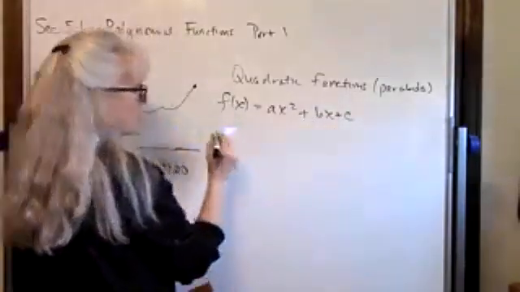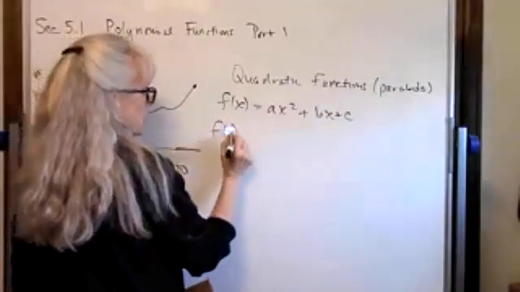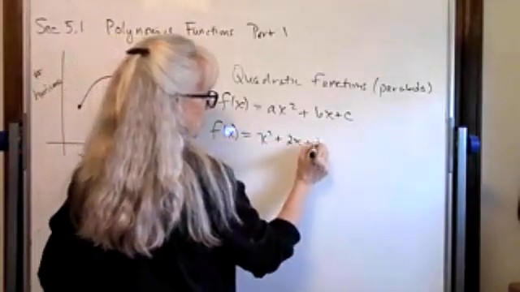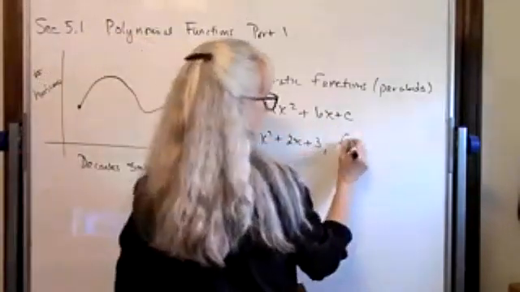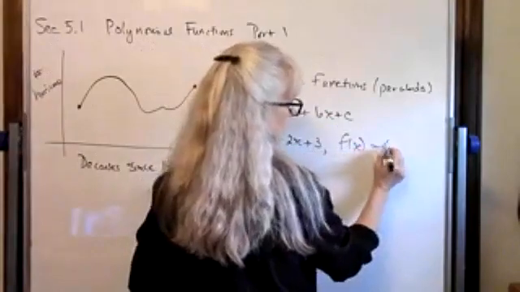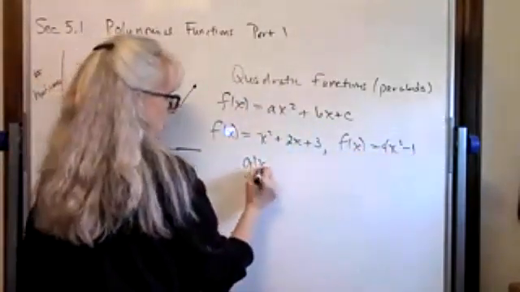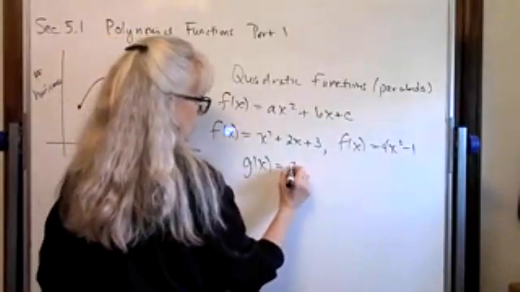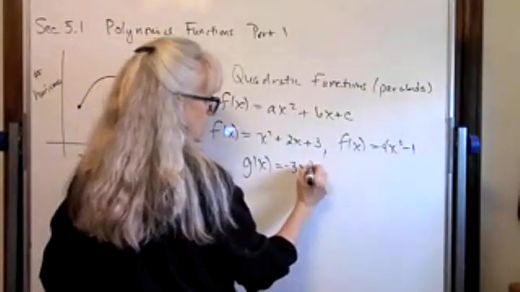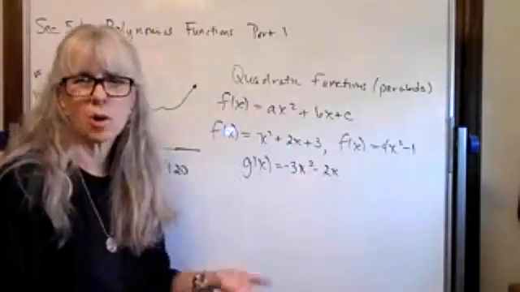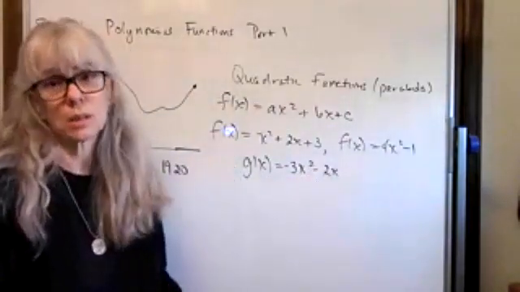That would be the standard form. The ones that we've looked at are x squared plus 2x plus 3. Maybe f of x is equal to 4x squared minus 1. You could also have g of x is equal to negative 3x squared minus 2x. So those are all examples of quadratic functions that would all graph as parabolas, which are smooth and continuous.